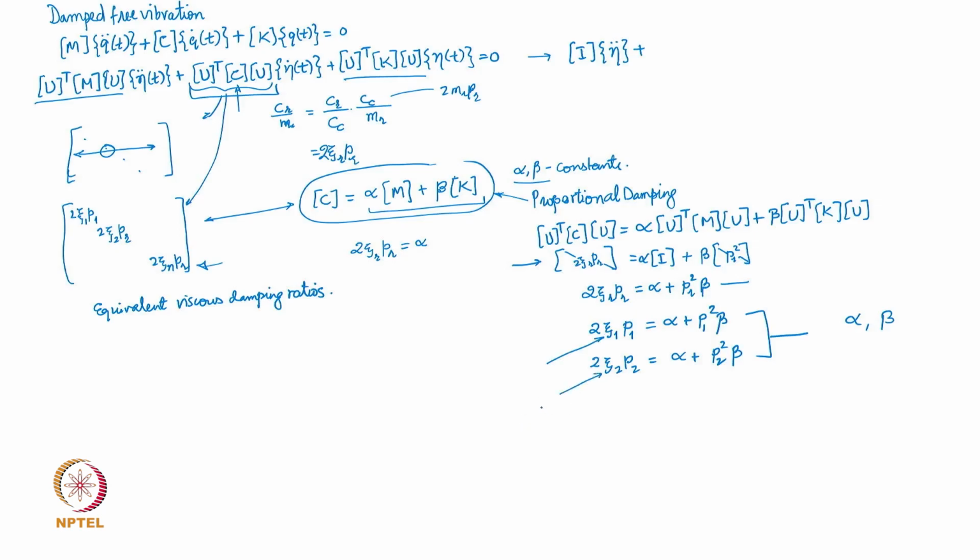These zeta 1 and zeta 2 are the modal damping ratios in the first and second mode.